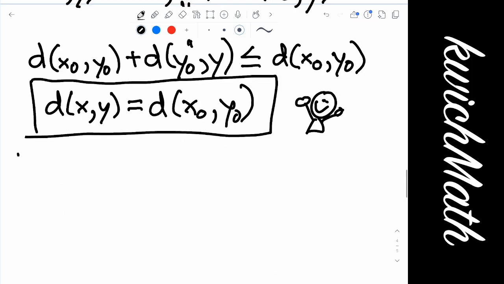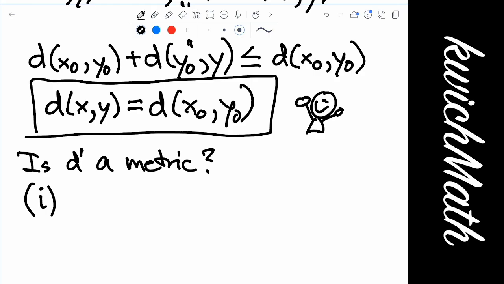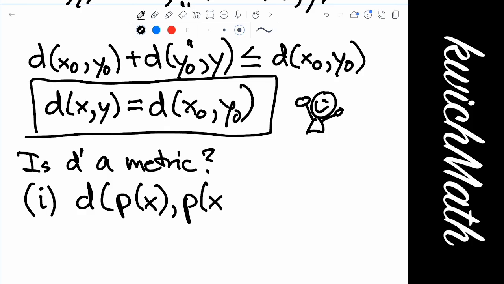So that's awesome. Is d prime a metric? Okay. So first of all, it needs to satisfy all the things that a pseudometric must satisfy. So let's start with those. First, what is the distance between an equivalence class and itself?